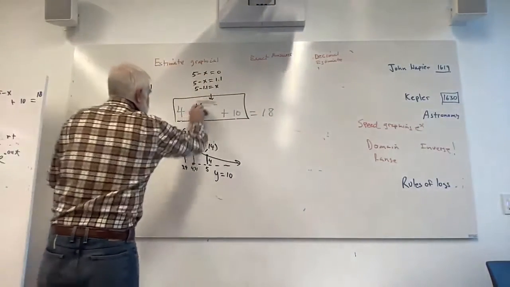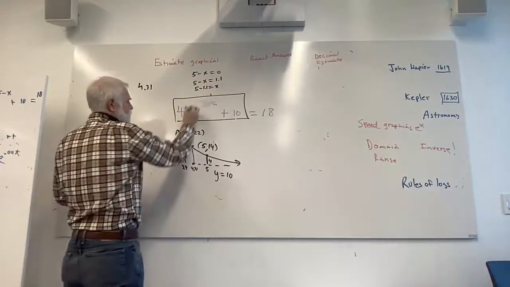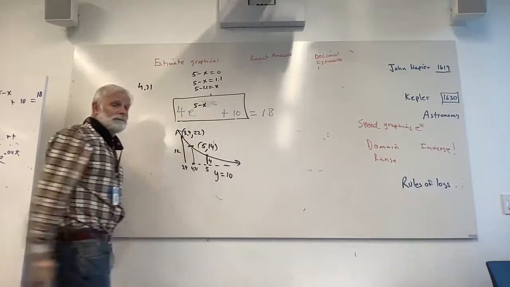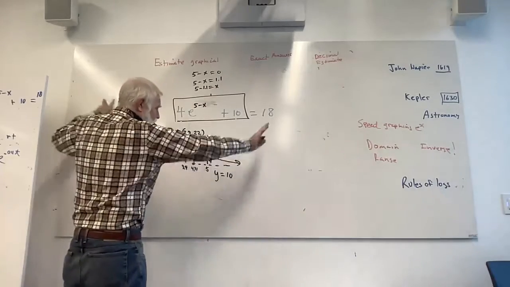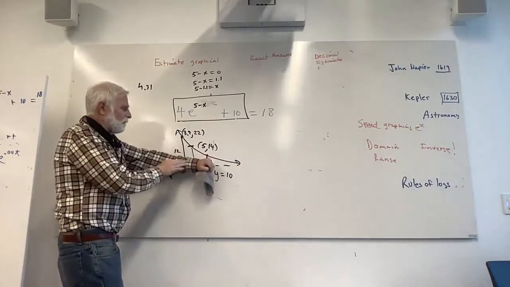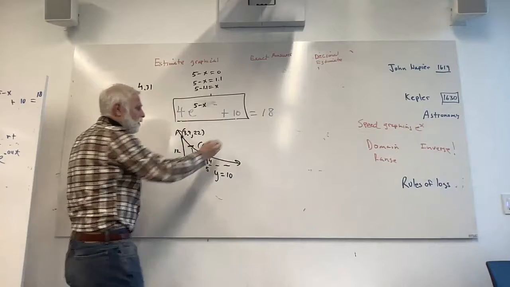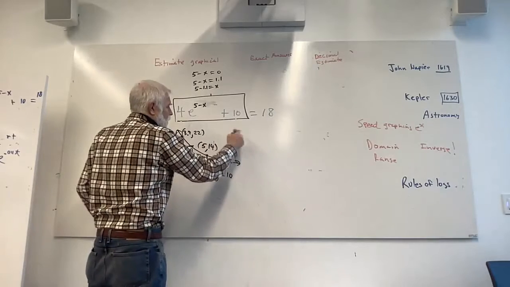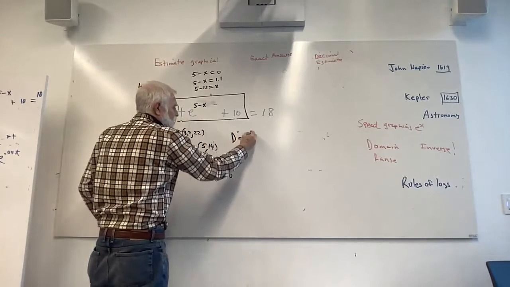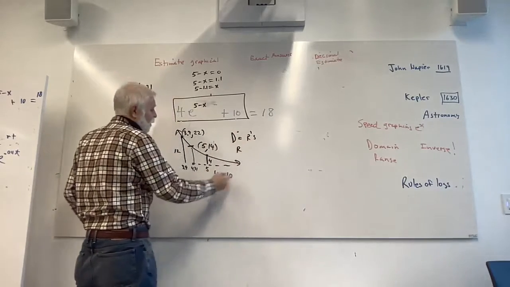And I hope we can do domain and range right now as well. So what numbers can I put into 5 minus x? Anything you want. Goes forever left and right. But it only goes up from here. So the domain is all reals, and the range, greater than 10.